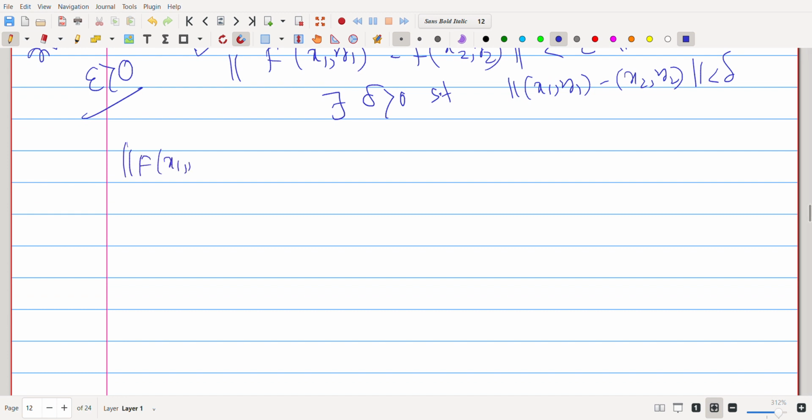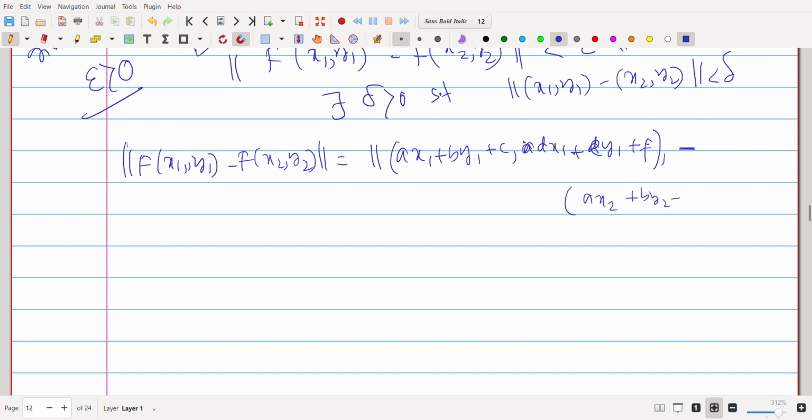So see, the norm of f of (x1, y1) minus f of (x2, y2) is basically given by the norm of (a x1 plus b y1 plus c, d x1 plus e y1 plus f) minus (a x2 plus b y2 plus c, d x2 plus e y2 plus f).